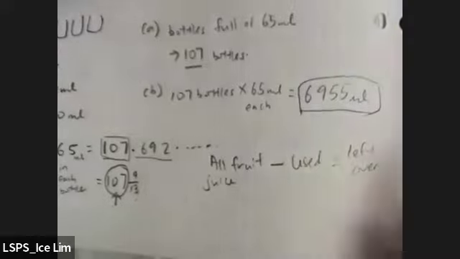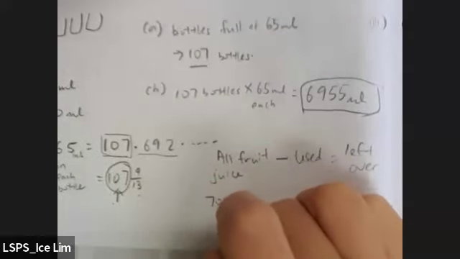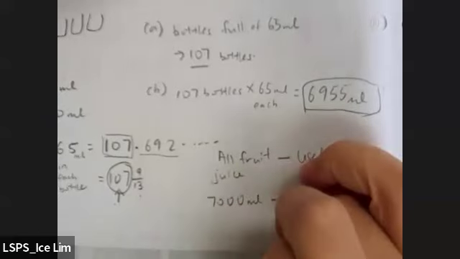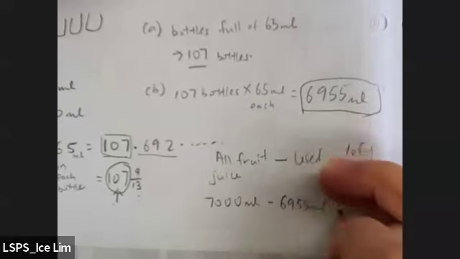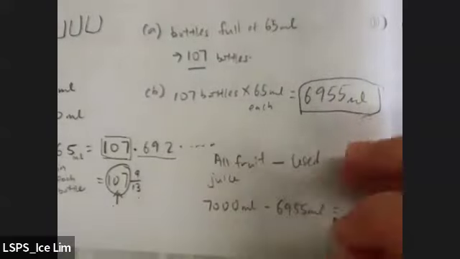And that is 7,000 milliliters minus 6,955 milliliters. The answer will be, use your calculator, 45 milliliters.